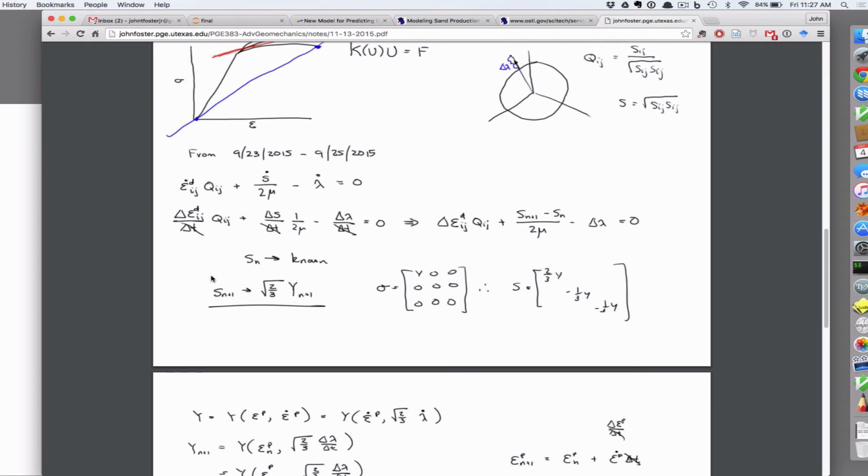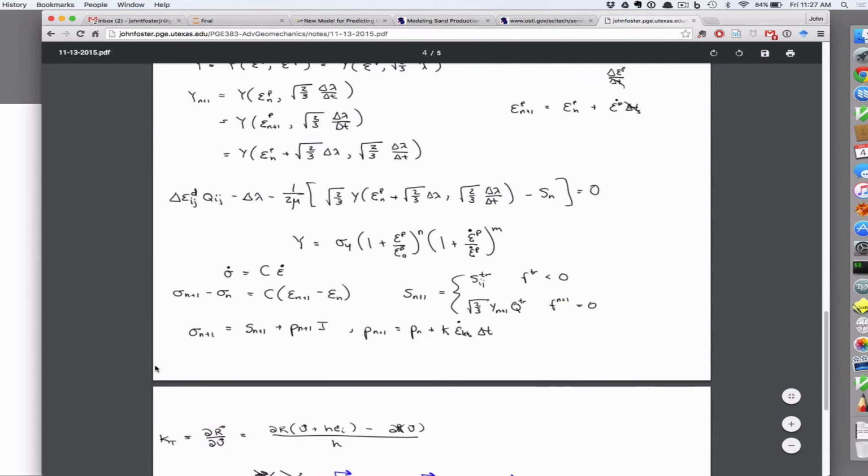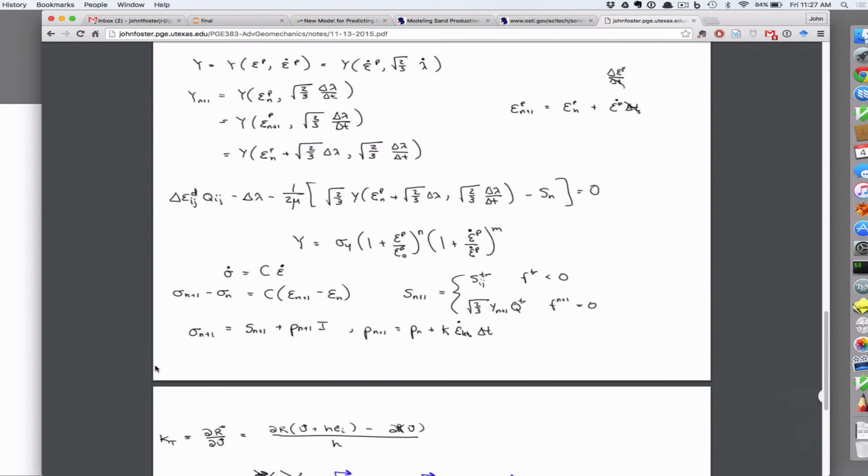Okay. So that ultimately you have this equation, right? Which the only unknown in it is delta lambda.